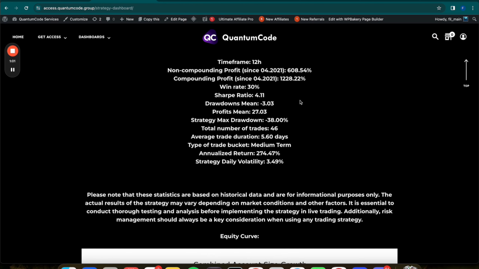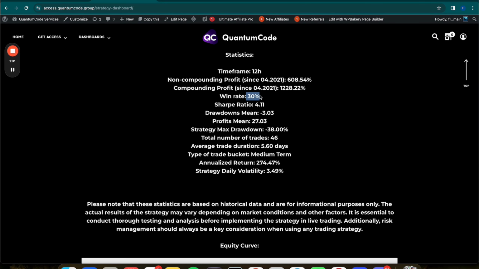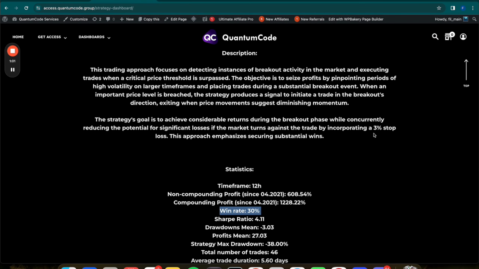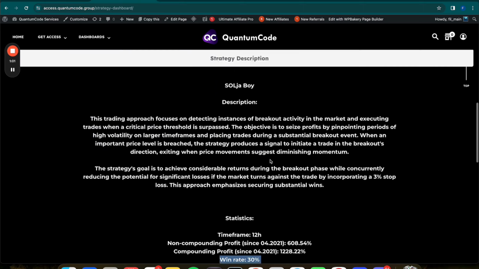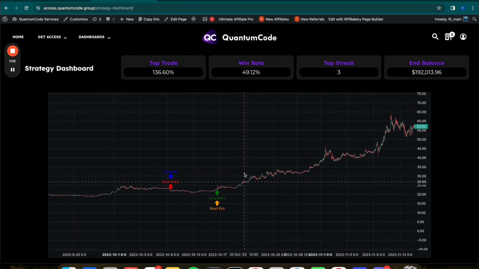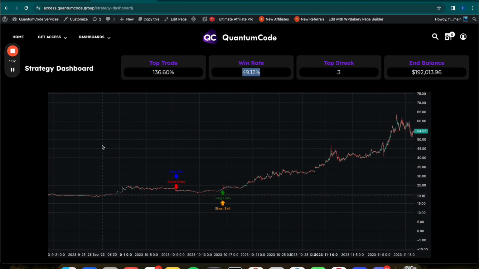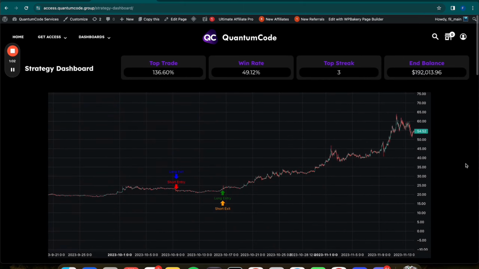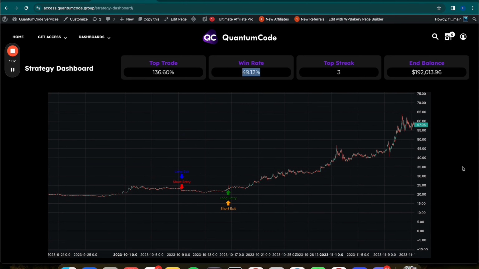We have a very solid Sharpe ratio, but a very low win rate. Why do we have a low win rate? Well, we have a very low stop loss, and the way the strategy works is that, as you can see, the win rate is much better now than it was when we did these statistics, because this one is live updated. This one isn't.